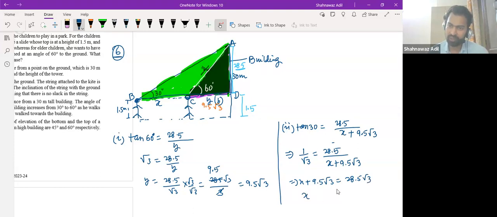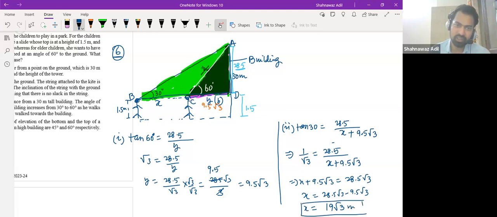So x is 28.5 root 3 minus 9.5, so this is 19. This is the distance the boy has covered in traveling.